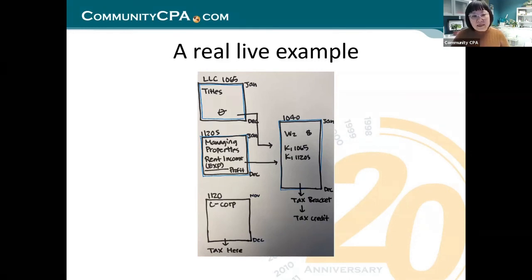Keller Williams is the company that paid a commission to her, $300,000. So $150,000 is the W-2. From that 1120S, they have a $300,000 real estate commission income, and they also have $200,000 rental income. So that made up the 1120S.